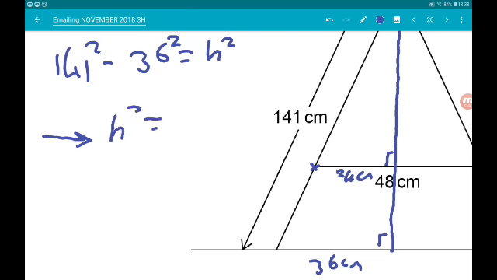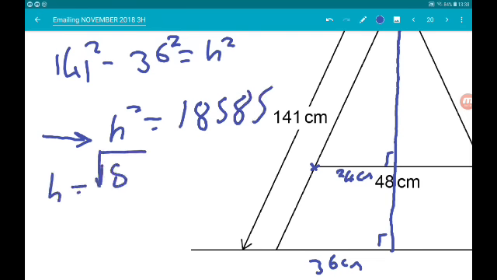Therefore, h squared is 18,585. So h is the square root of that, which gives us 136.3 centimeters. Cool.